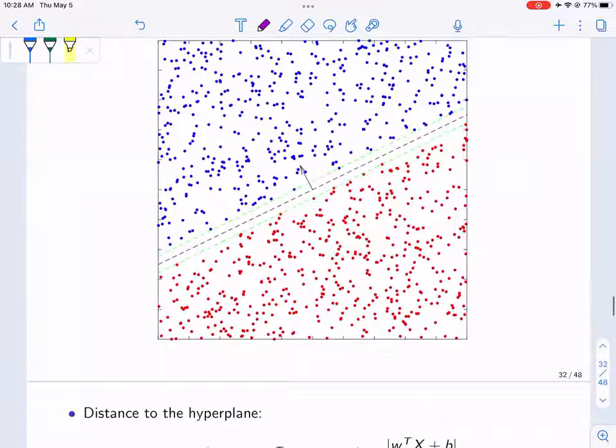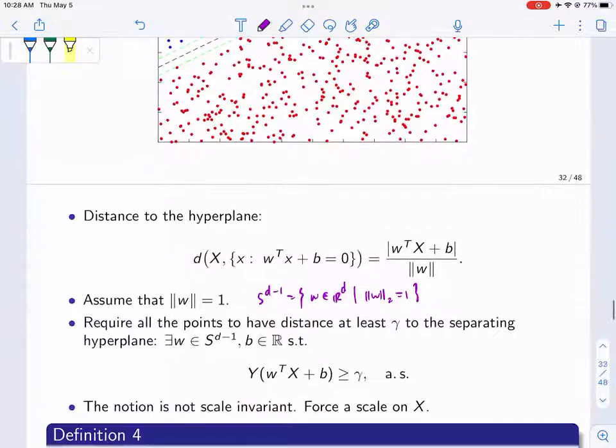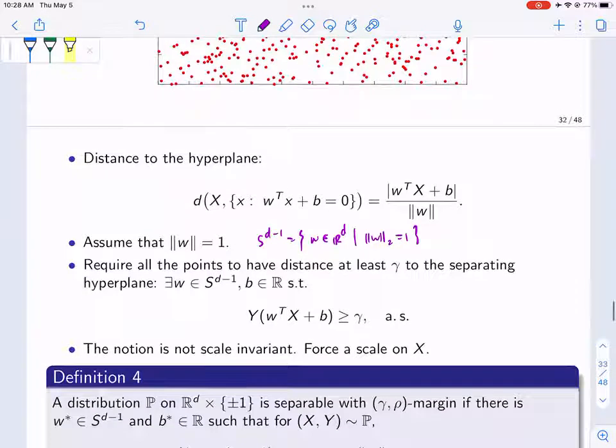For these guys, let's say that w^T x + b is negative, but y is also negative. For these, it's positive and y is positive. So basically, y times this divided by this is the distance of all the points, and this is with norm w equal to 1.